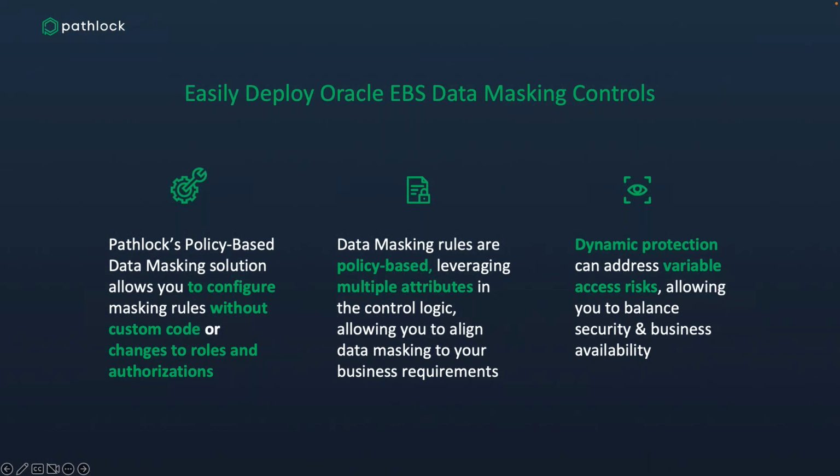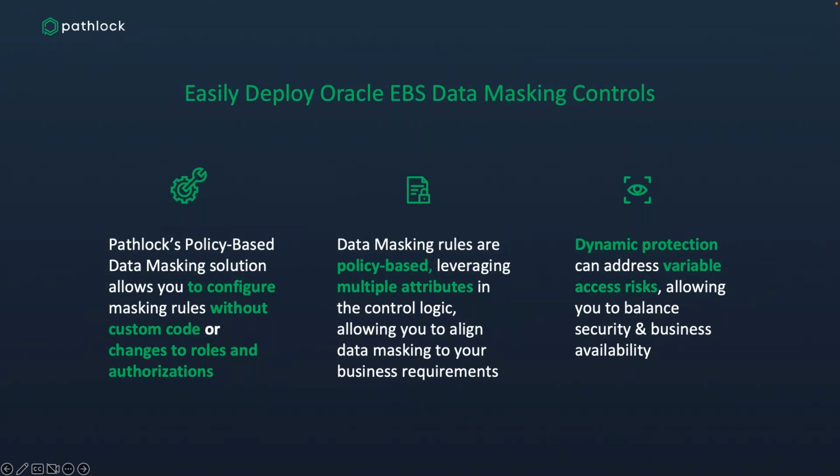The masking rules are configured at that layer, so you're not having to go in and put custom code into any of the target OAF or forms, for example. There are certain things that can change based upon how that user has data displayed to them, because it's based upon maybe different roles, where they're coming from, IP address, things like that. That allows it to become very dynamic. So it's not static.